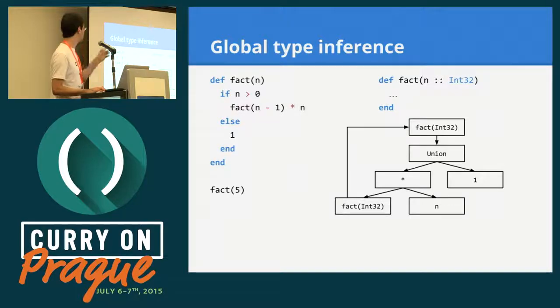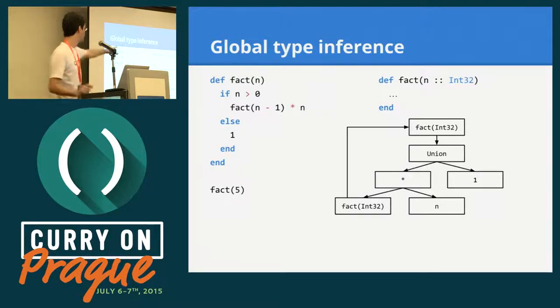So we continue with the integer literal, and that's easy to type. It's an integer. So the union at least has some information that's an integer and something still unknown, but the compiler will say, okay, I have an integer, let's move it forward to fact in 32, and now we get a partial type that's an integer.